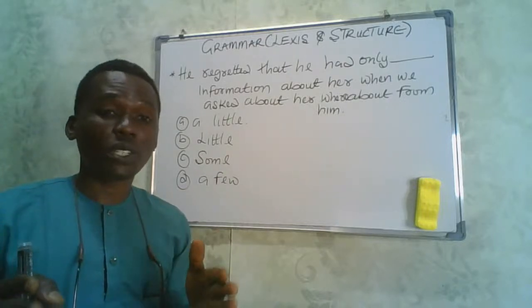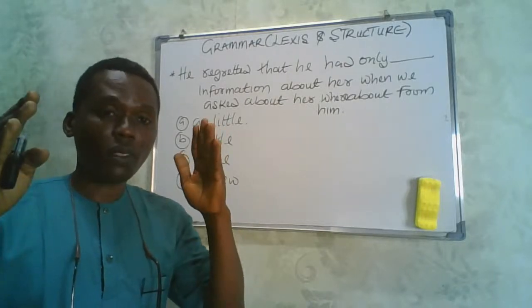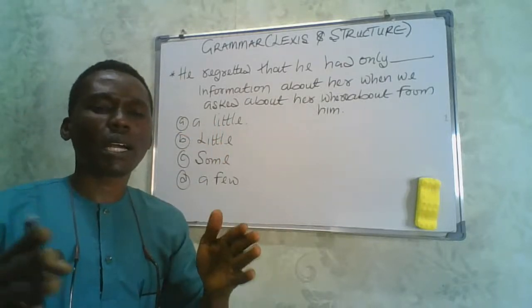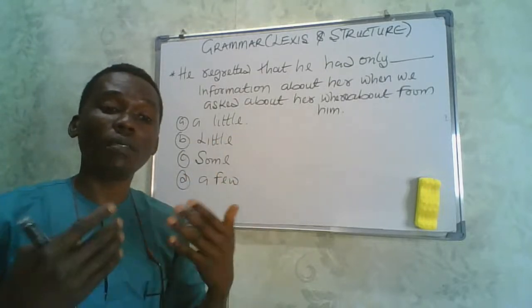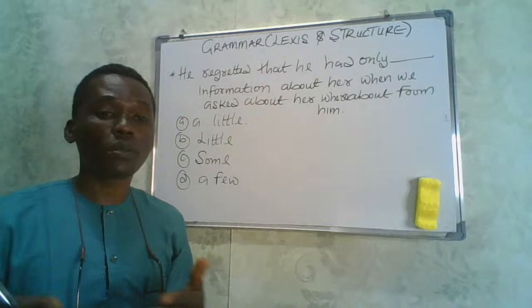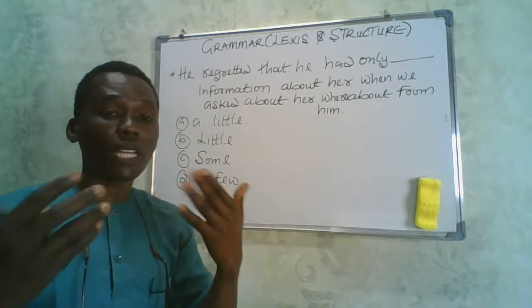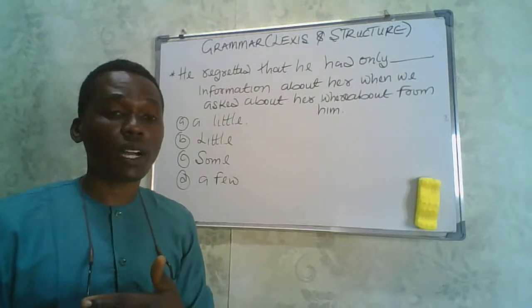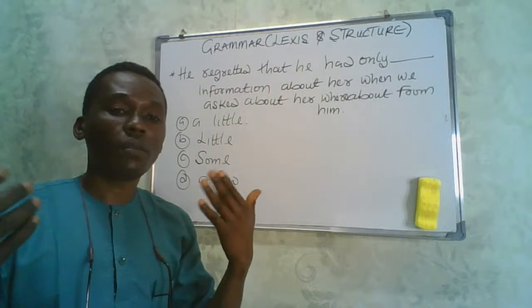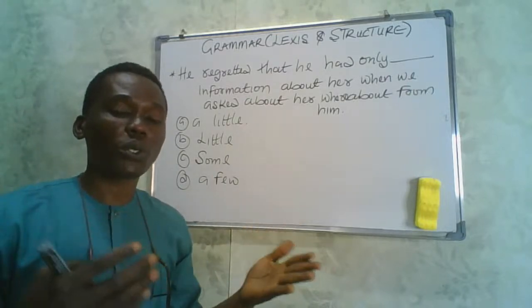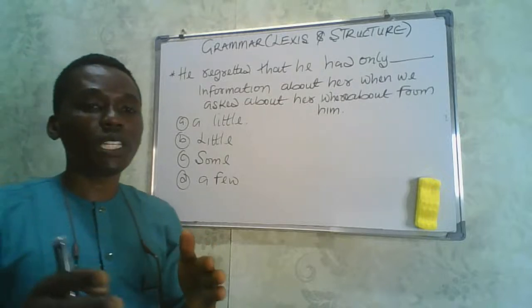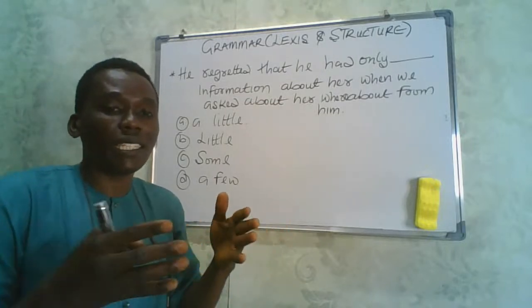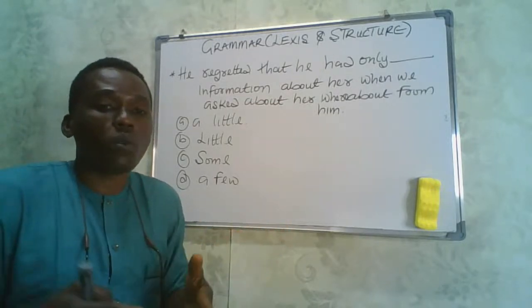Now, lexis, sorry, lexis can be lexical items coming together, where we have the nouns, the verbs, the pronouns, the adverbs, the adjectives, the conjunctions, the prepositions coming together. And all these stand on their own as individual words.